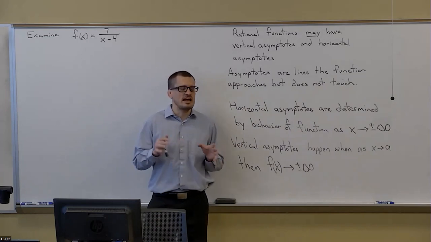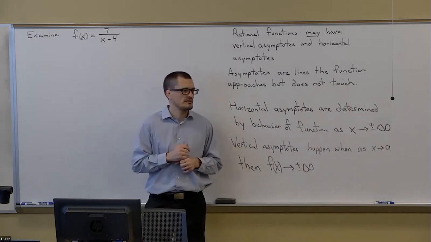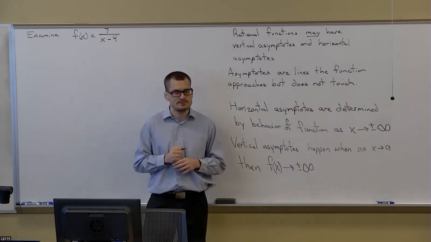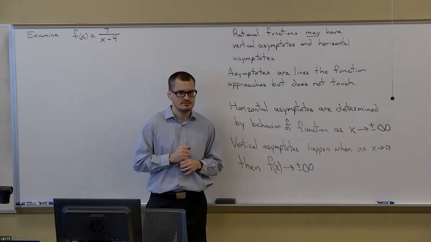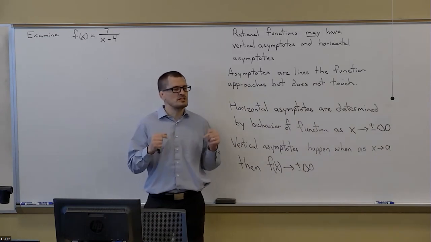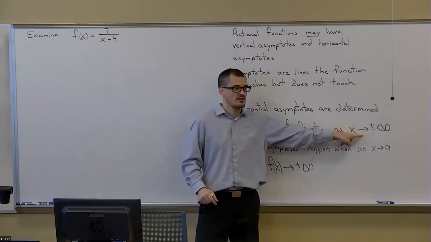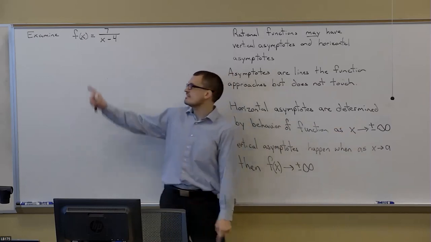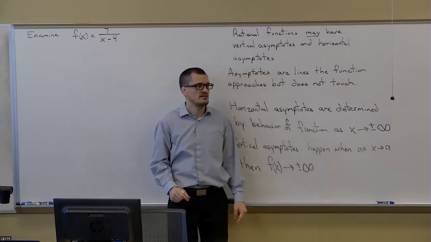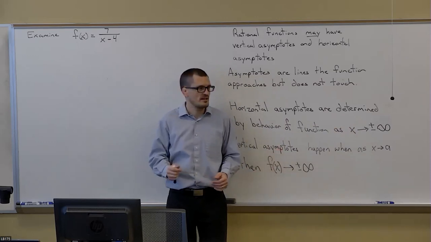Let's pretend I have this fraction, 7 over a number. That number is x minus 4. If x gets really, really big here, what's happening to this denominator? Well, it's getting really, really big, right?